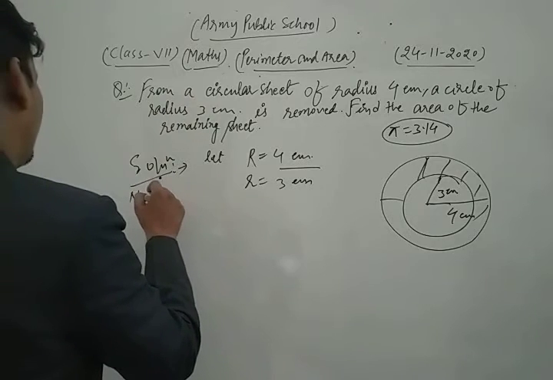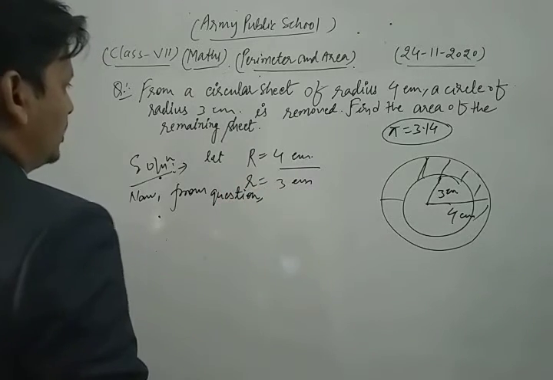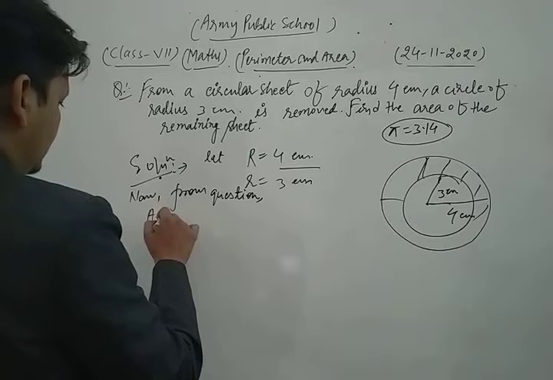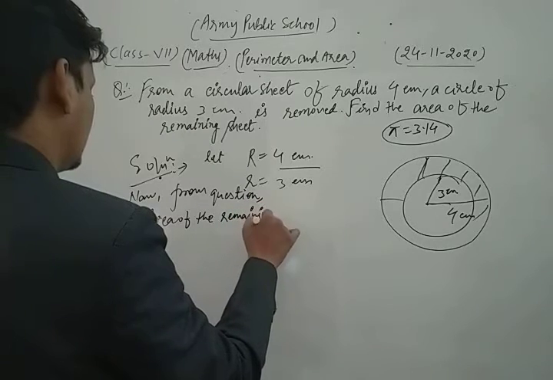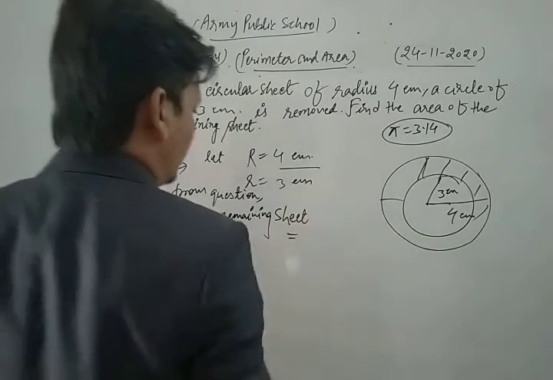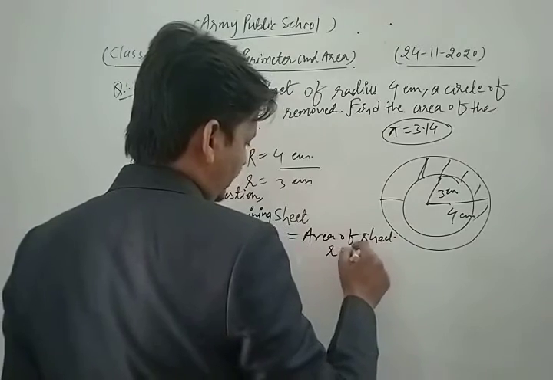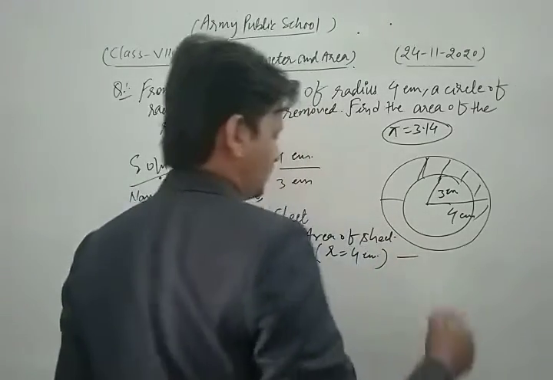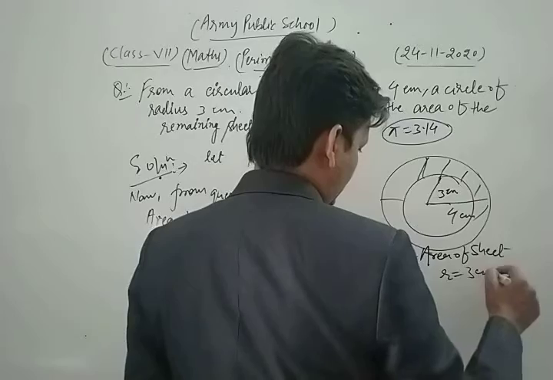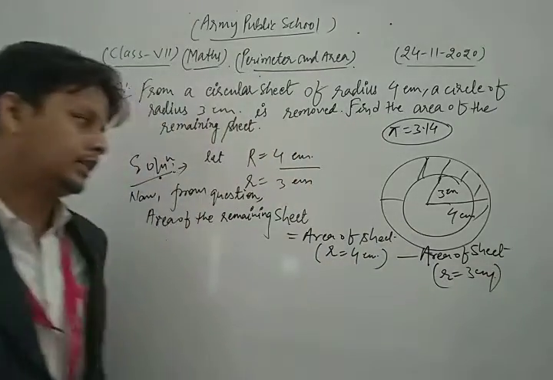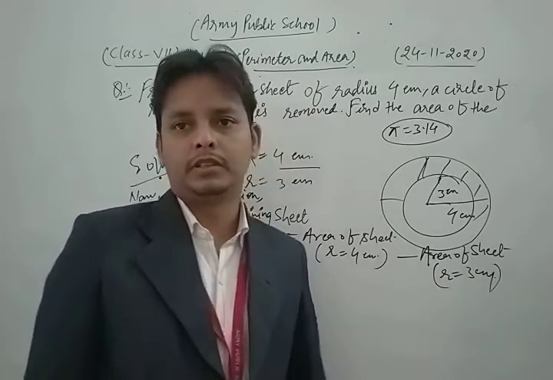Now from the question, the area of the remaining sheet will be the area of the sheet of radius 4 centimeter minus the area of the sheet of radius 3 centimeter. This is the question here.